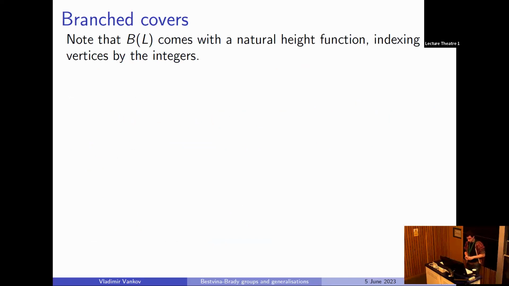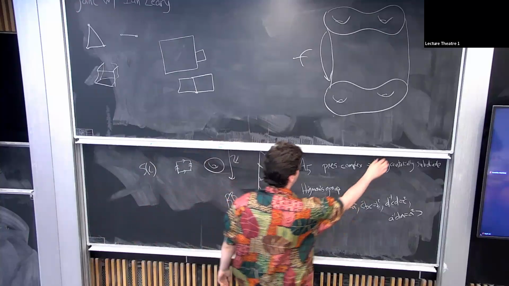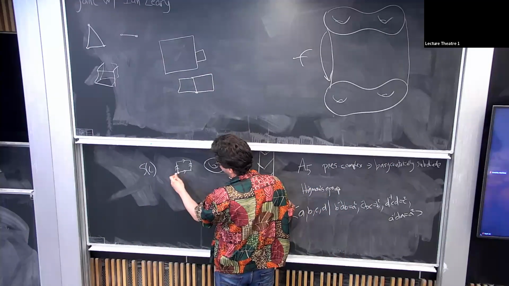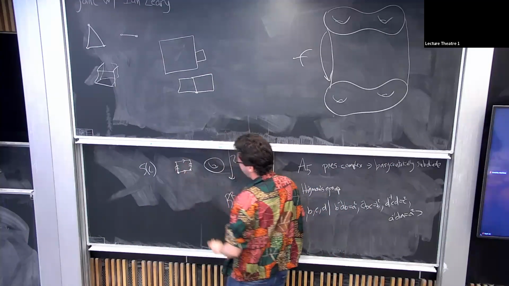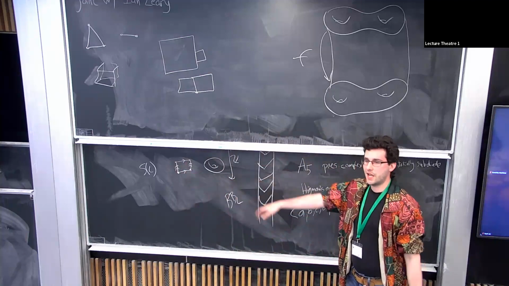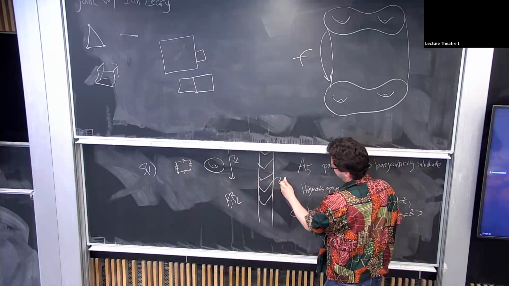So now we come to some more general constructions. Ian had a brilliant idea that if you study the classifying space for the Bestvina-Brady group of this cylinder here, you can notice that the starting complex S of L really only had one vertex. It only had one vertex, but this B of L has Z many vertices.